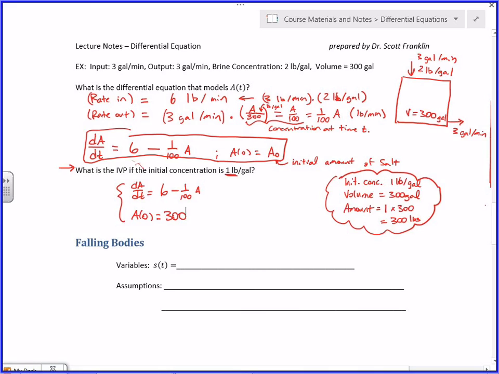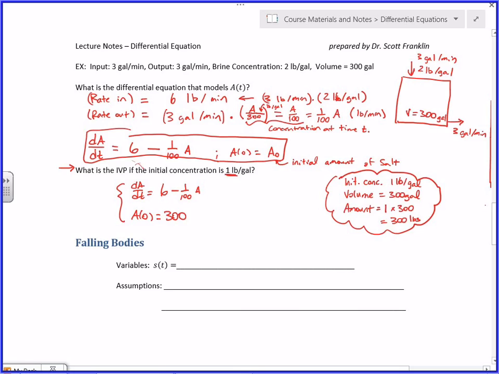So in that kind of example, the flow rate would still be some constant, but the concentration would be 0. So that rate in could even be 0. In this case, it's 6, because we've got 3 gallons per minute, 2 pounds per gallon, so we get 6 pounds per minute.